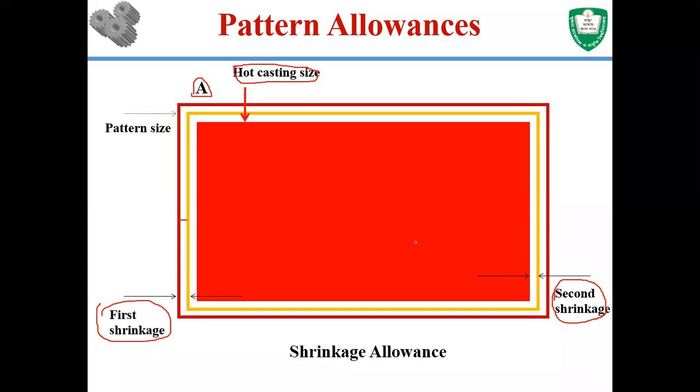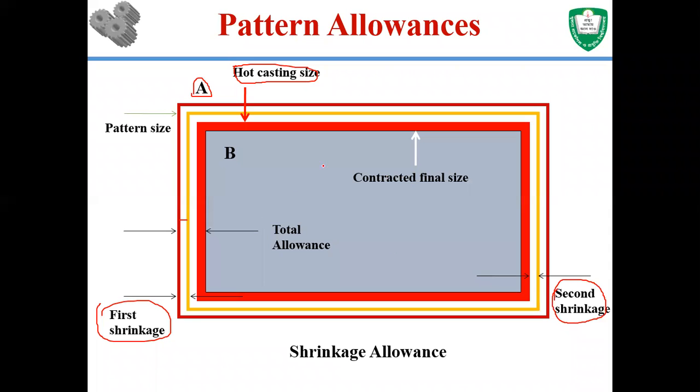After that, when the material cools down from the solid freezing point temperature to room temperature, this will be the final size of the casting. So if you want to make a casting of size B, then you need to make a pattern of size A. This is the total shrinkage allowance in this case.